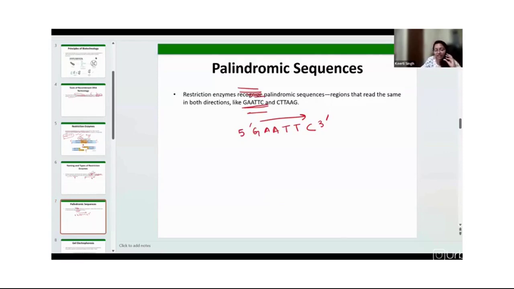It picks something from here and transfers it there. In this case, it picks up the linked DNA and transfers it into the host organism. So this plasmid will deliver our DNA of interest into the host organism.